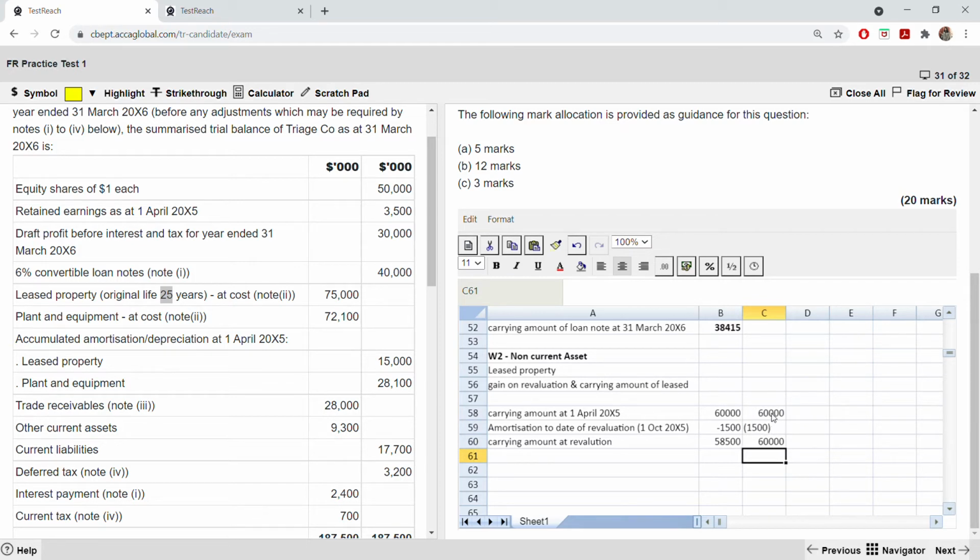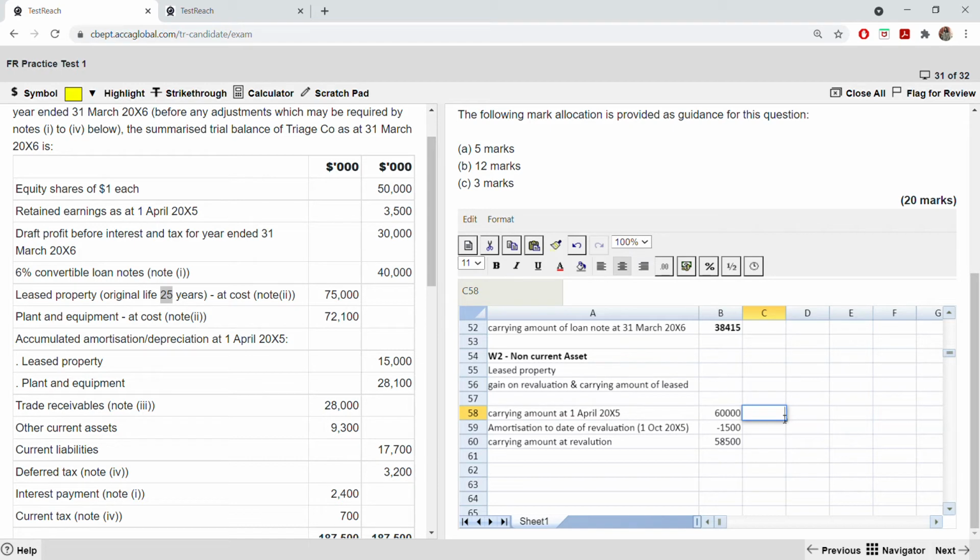You see, only 60,000. So don't do the silly mistakes. The same I have been explaining to you, even in performance management, even in taxation, and now even in financial reporting, same for all the ACCA papers on the CB platform.